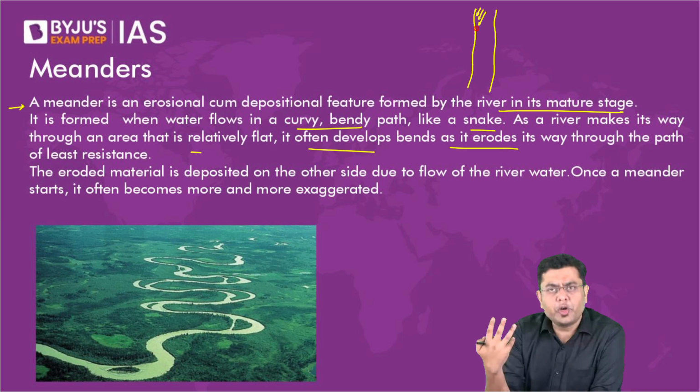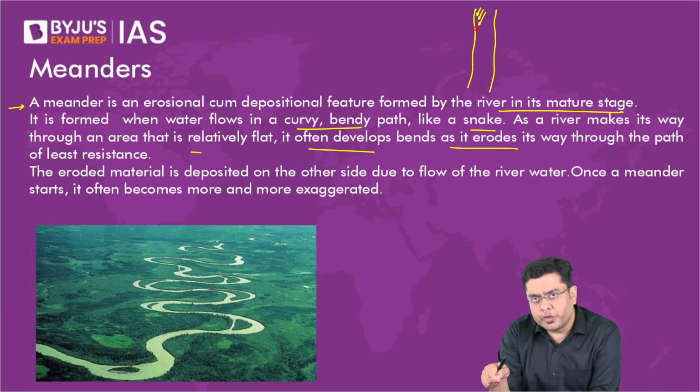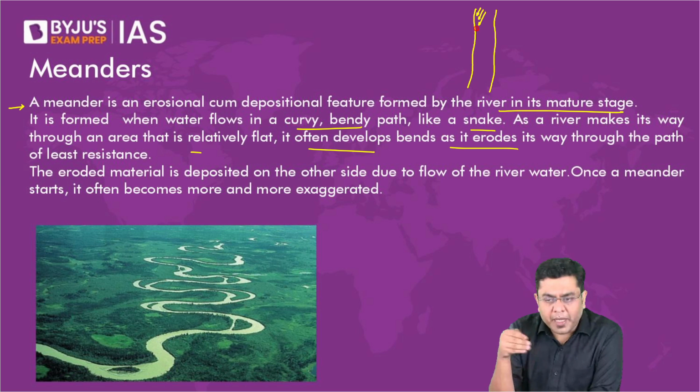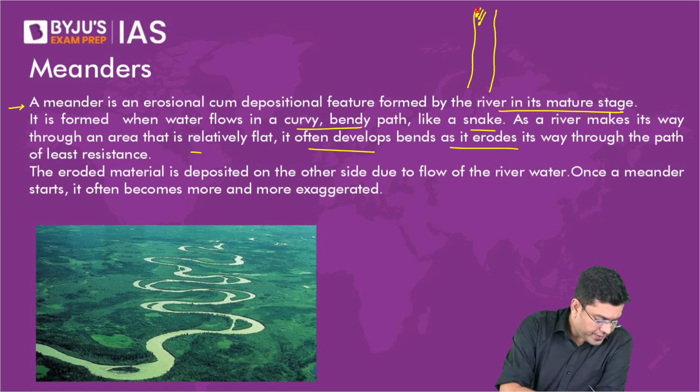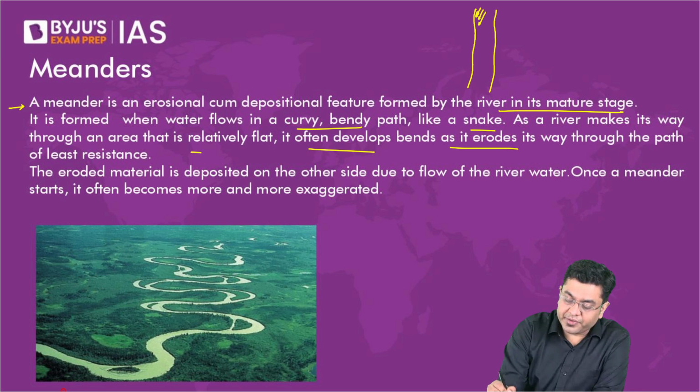The fastest movement of water is where? In the central portion of the river. On the sides it is slower, because that is where it experiences some resistance and friction. Due to the slower movement, it will start depositing materials in this region. Let's suppose certain materials have been deposited.